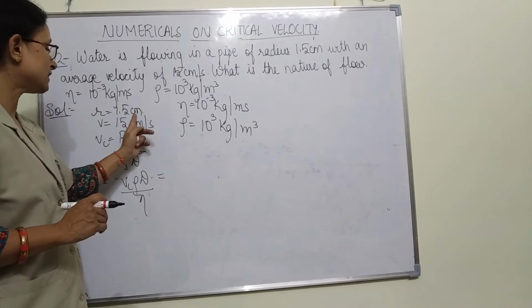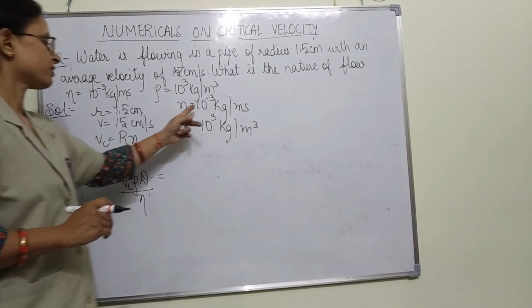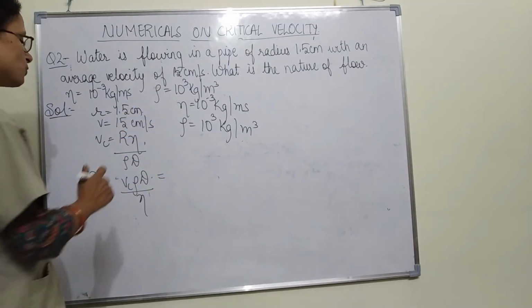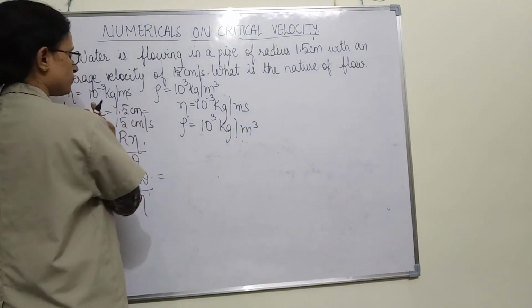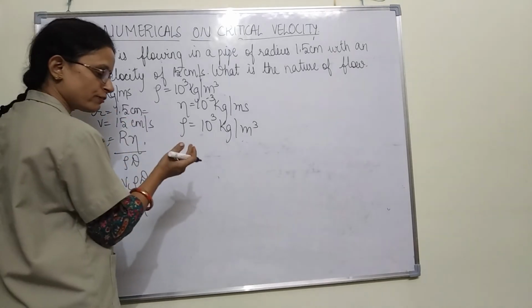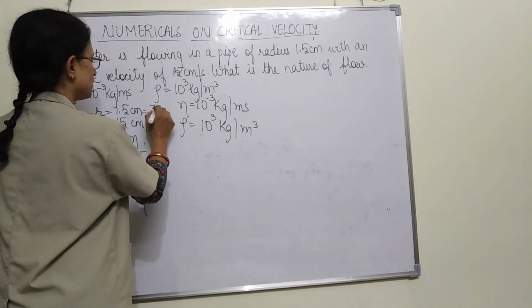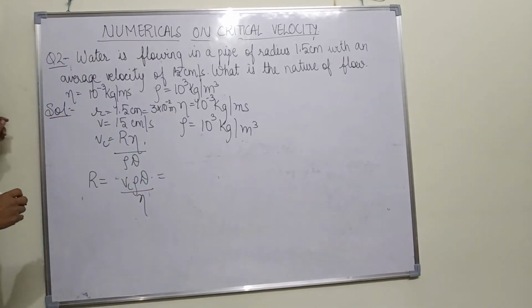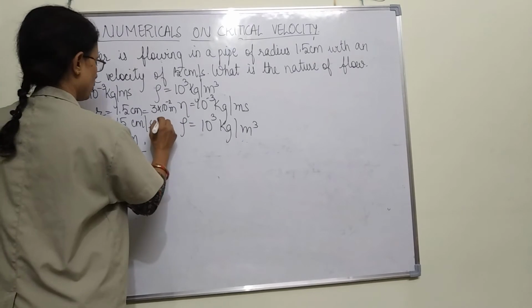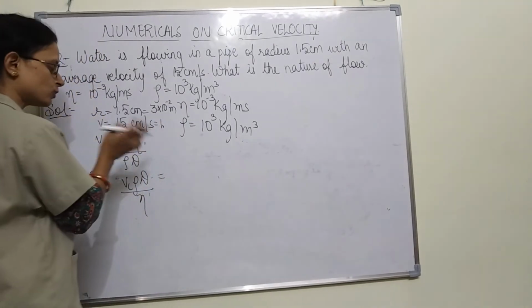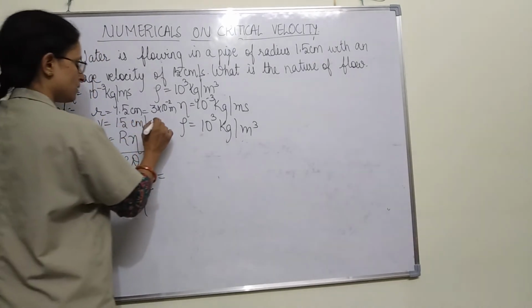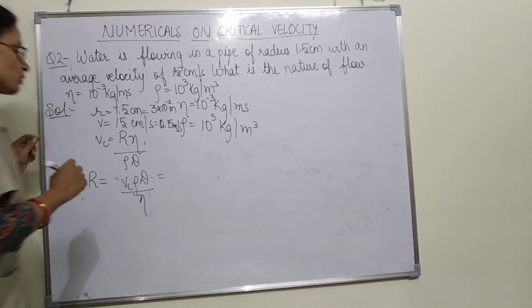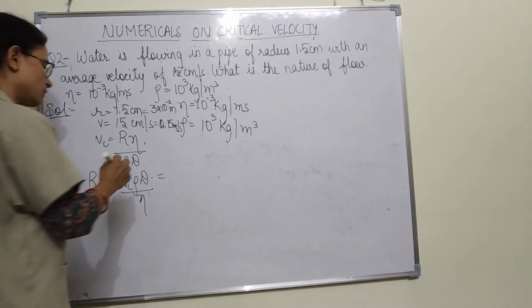The radius is also in centimeter, and the other two are given in kg meter per second, so we will convert these into MKS units. The radius is 1.5 centimeter, so the diameter will be 3 into 10 raised to power minus 2 meter. The velocity, converted into meter per second, is 0.15 meter per second.